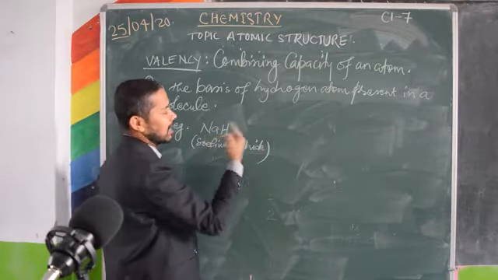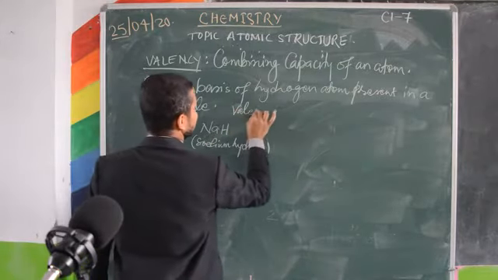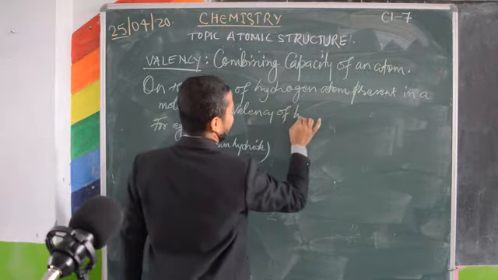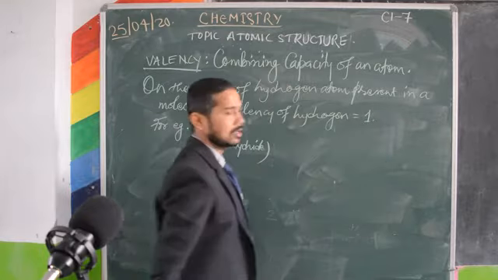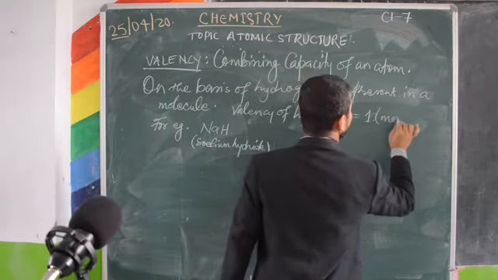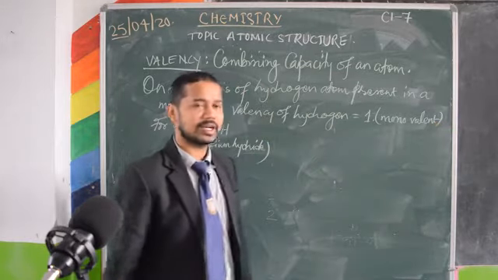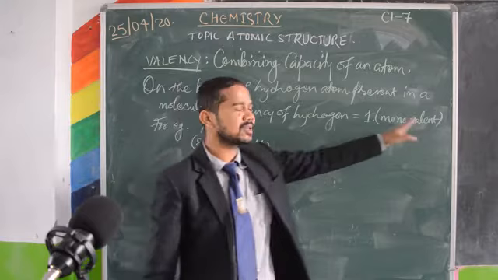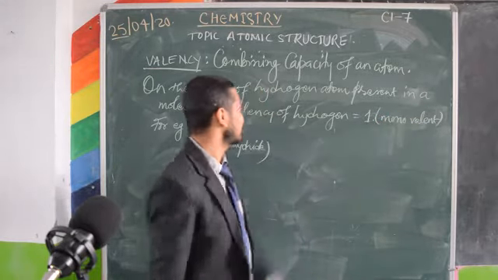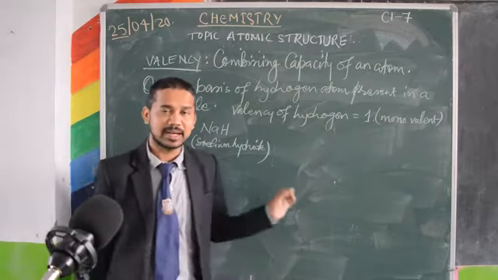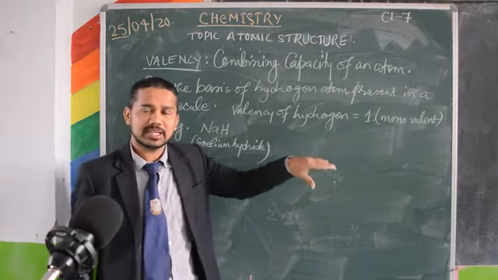So the valency of hydrogen is 1, and this is also called monovalent. Mono means 1, valent means valency. So whose valency is 1, monovalent. So hydrogen is monovalent, meaning the valency of hydrogen is 1, because it needs one electron to be stable.